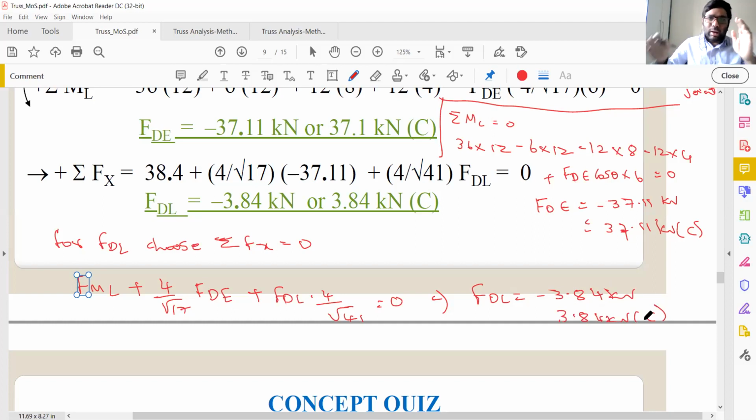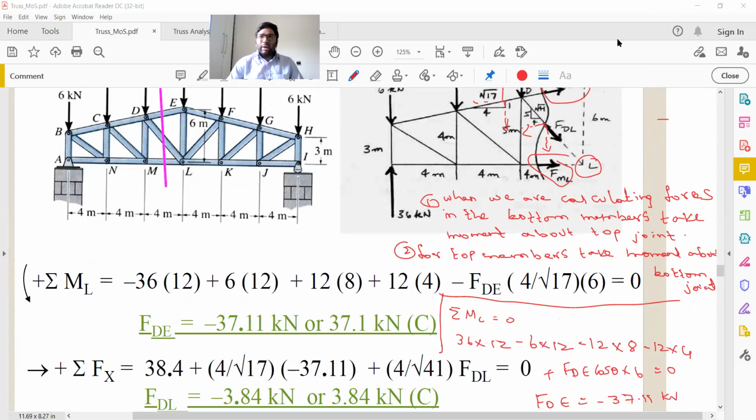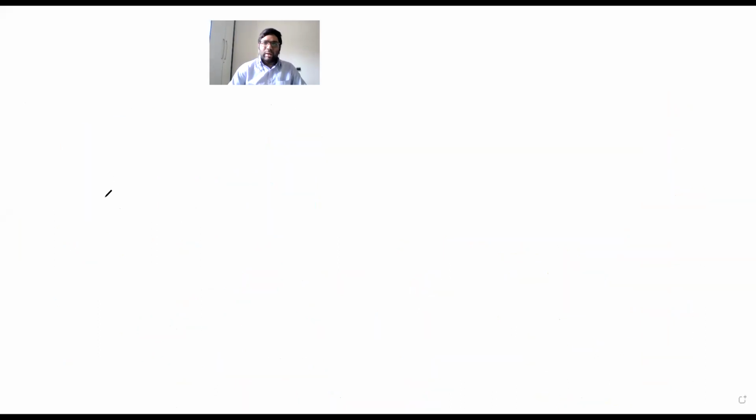So this is for your very basic fundamental understanding of how we are trying to solve a problem using method of sections. So what are some of the important points we need to understand here? Important points while analyzing a problem using the method of sections. I will write it here such that it will be useful for your next class.